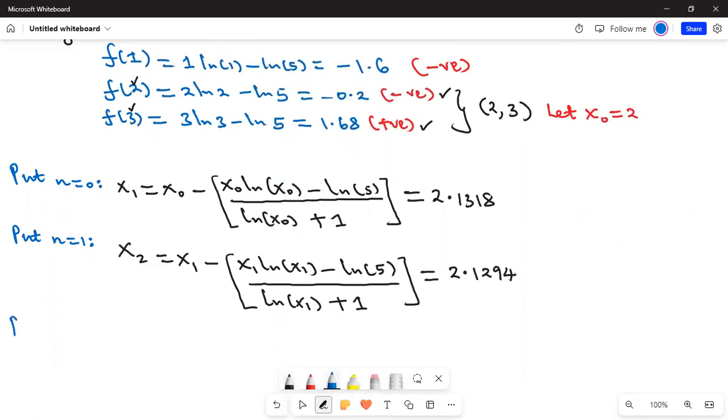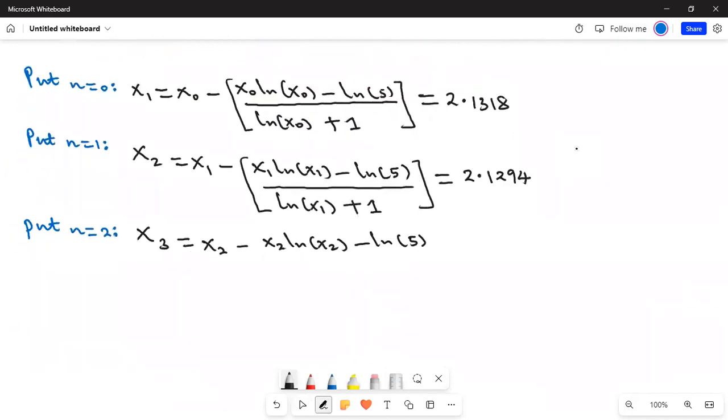Let's try when n is 2. N is equal to 2. What are we going to get? That will give us x3 equal to x2 minus x2 ln of x2 minus ln 5, and the whole of this is divided by ln of x2 plus 1.